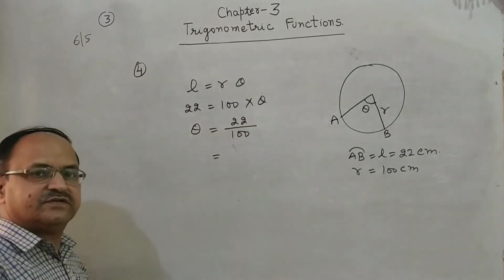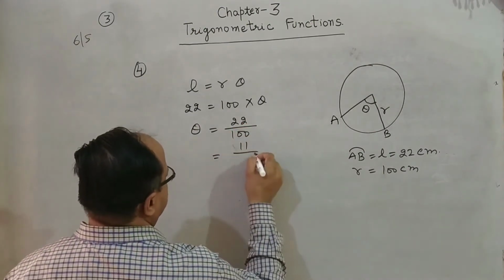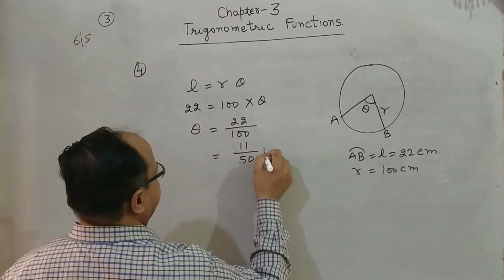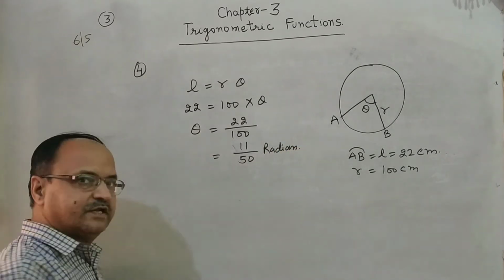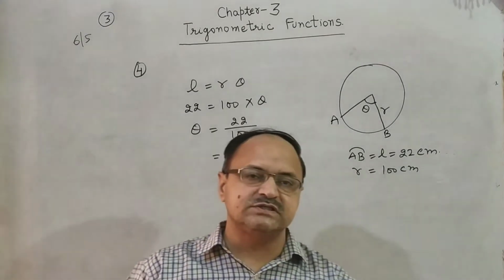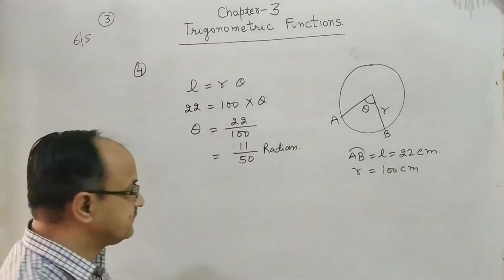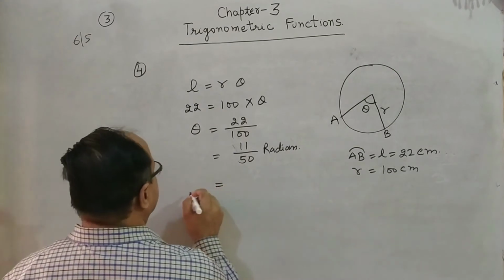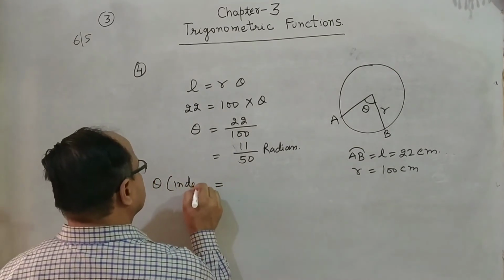On simplification, dividing by 2, you get 11 by 50 radian. That is theta. But the question asks for degrees, so convert radian into degree.